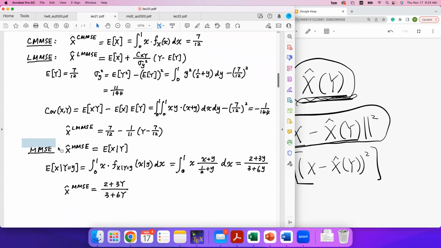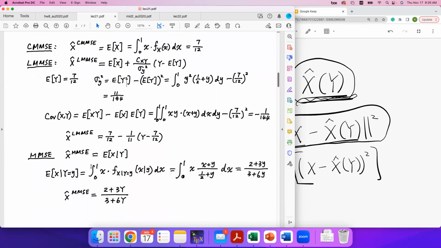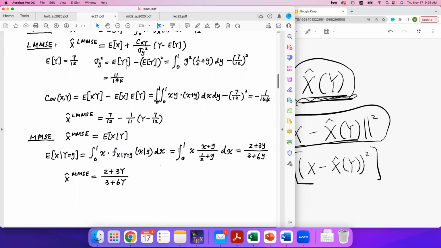For the general MMSE, which is given as the conditional mean, we calculate this conditional mean by leveraging the conditional PDF. This becomes integrating over x times this conditional PDF dx. In the end, it should be something depending on y. Apparently this conditional PDF depends on y, so once we integrate over x, we can view y as a constant.